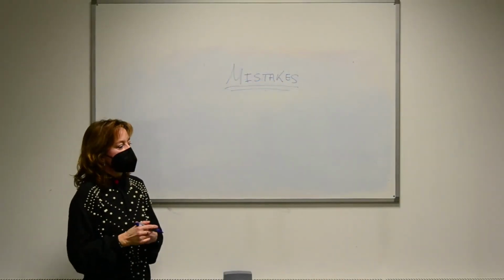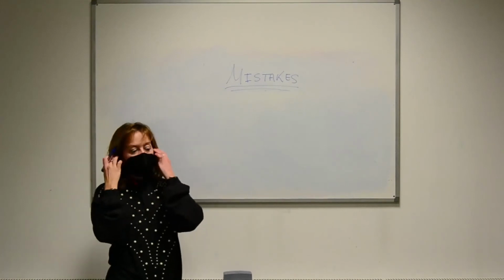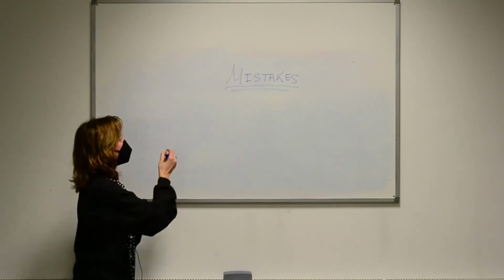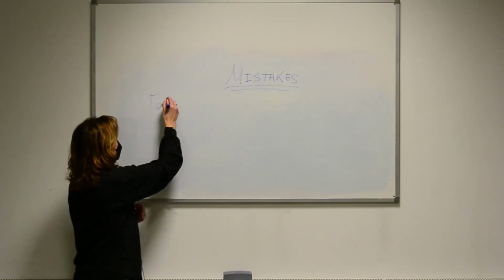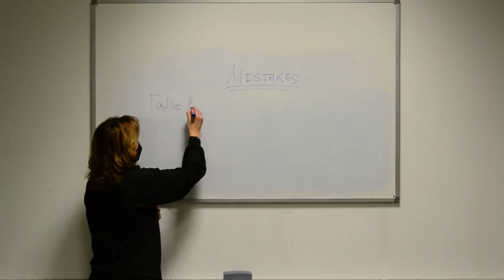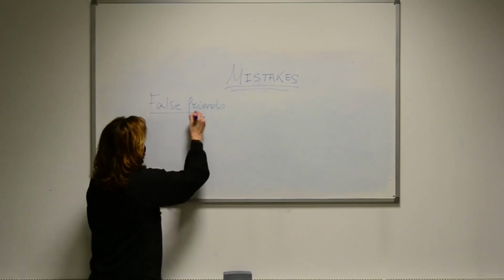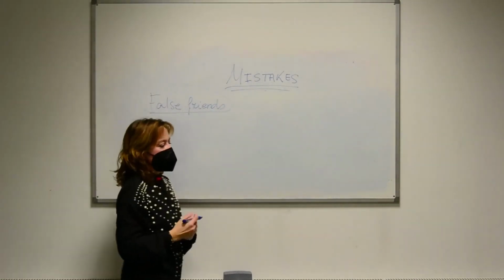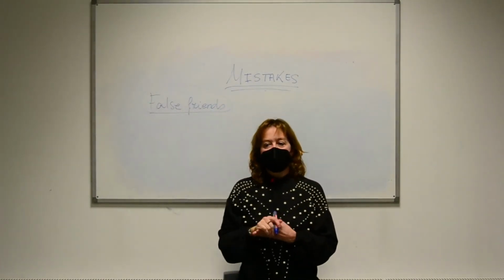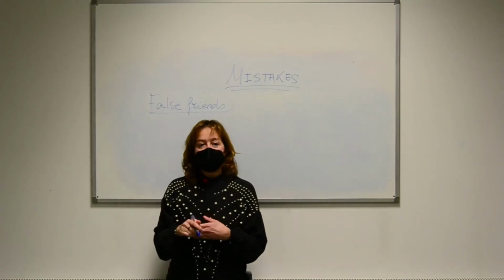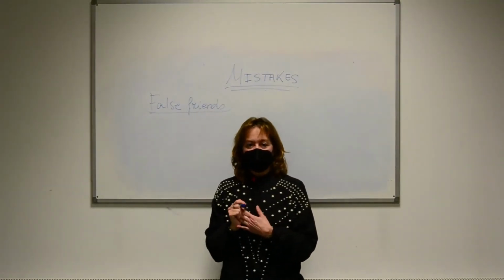Finally, we are going to study those groups of words that are called false friends. False friends are those words that are similar to Spanish words, but they convey a completely different meaning.